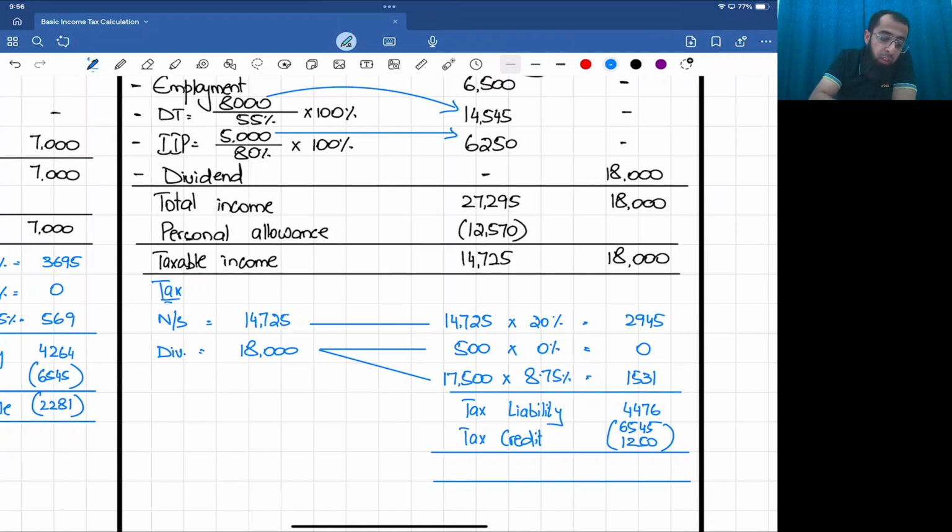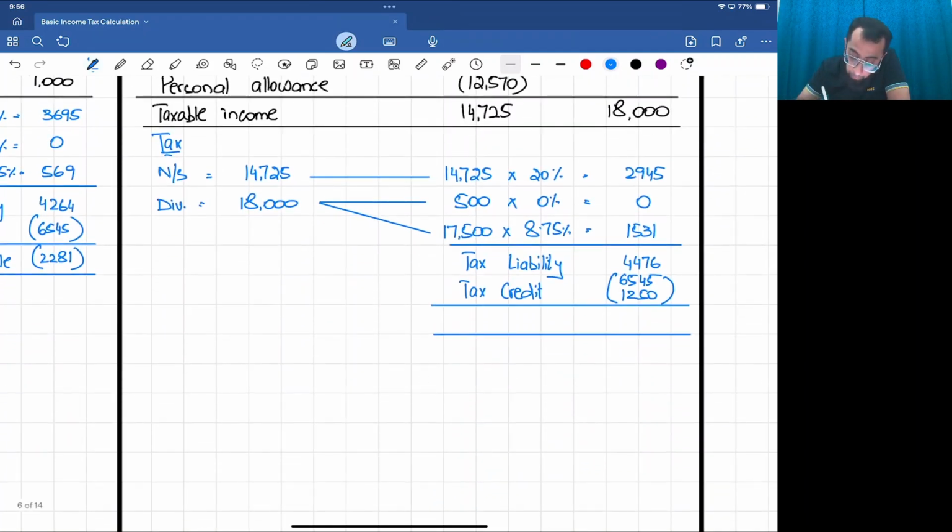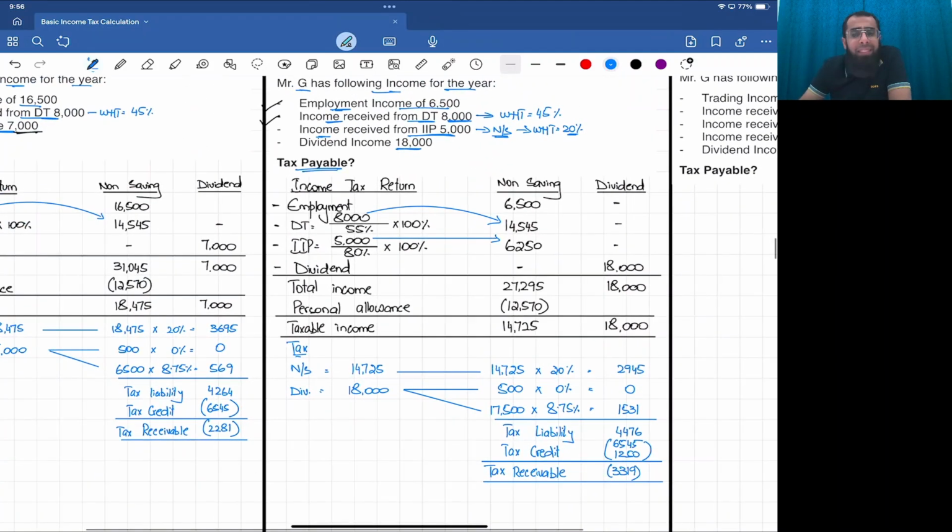So 6,545 and 1,250. So it's a tax refund because we paid greater advance tax. It's a tax receivable of 3319. I believe that it's not difficult.